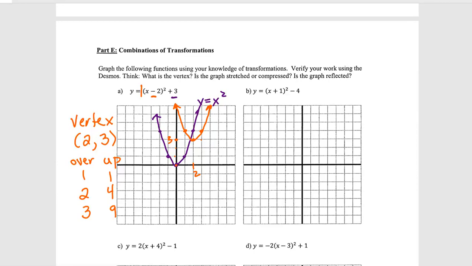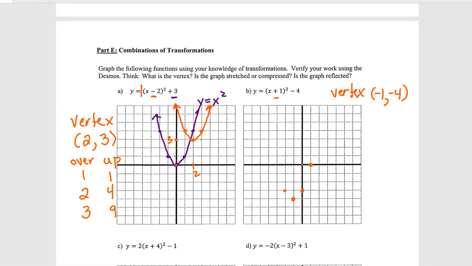In part B, the left and right is my x value, opposite of what you think. So it's -1, and -4 is the y value, because I've shifted from the regular vertex at 0, 0 down 4 and backwards 1. There's my new vertex at -1, -4. The pattern is the same: over 1, up 1, over 2, up 4.